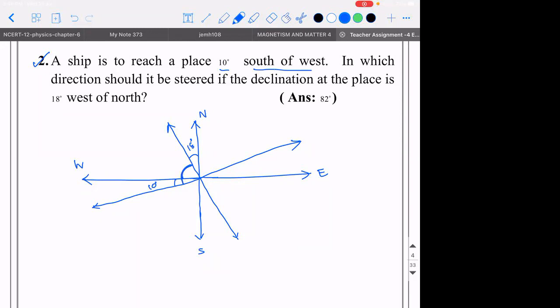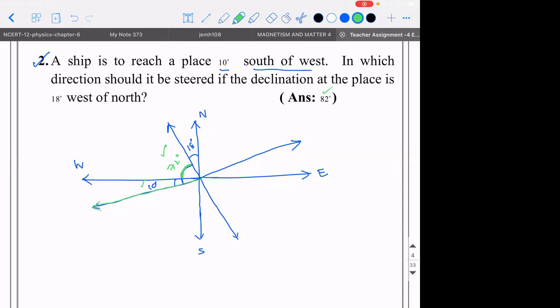Yes, 72 plus 10. So this is 72. If it is steered at 72 degrees, he will reach exactly west. But what is the required destination? 72 plus 10 degrees. Then he will fall on this particular line.